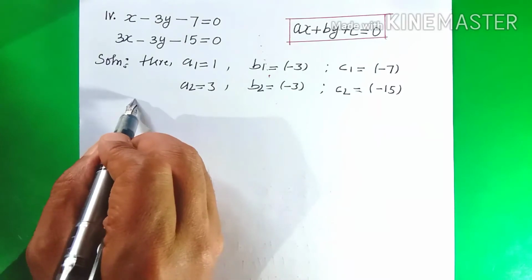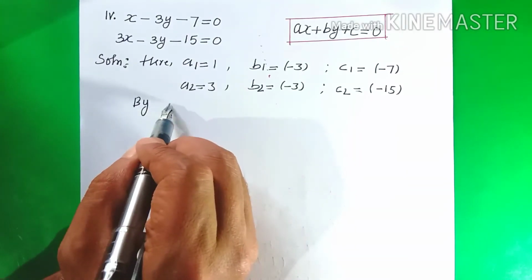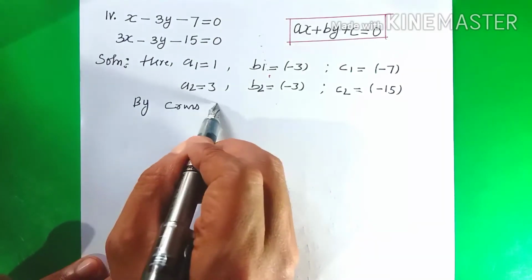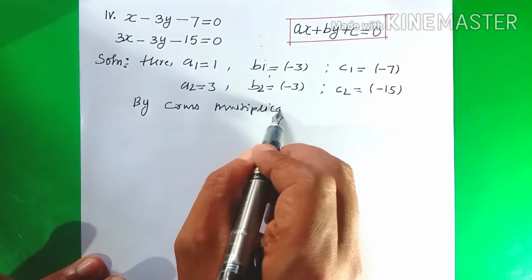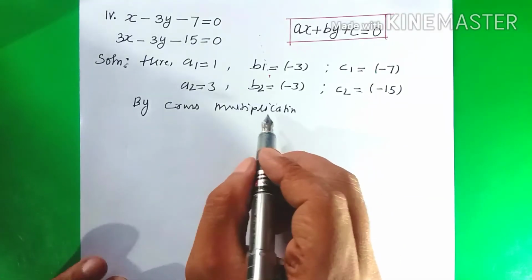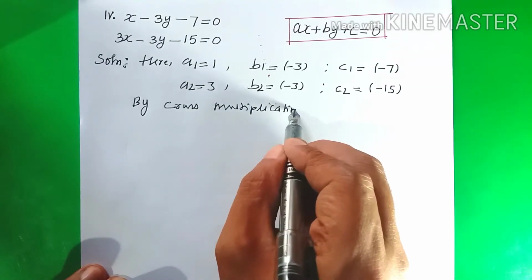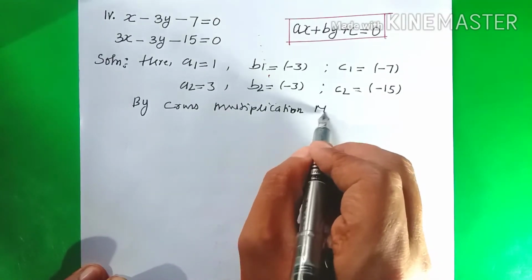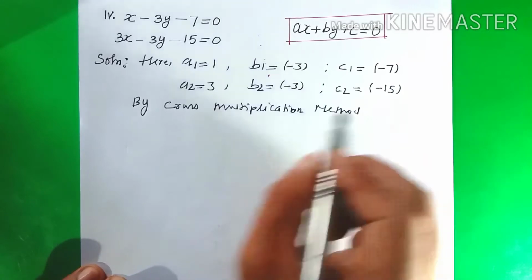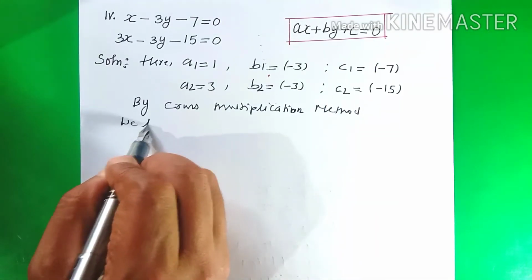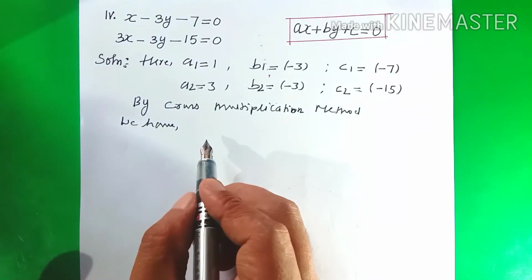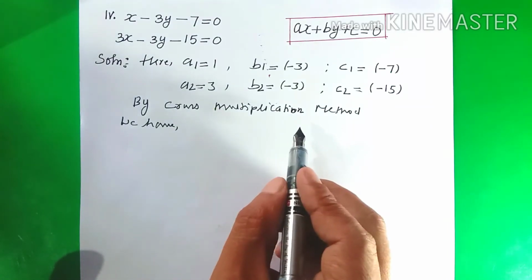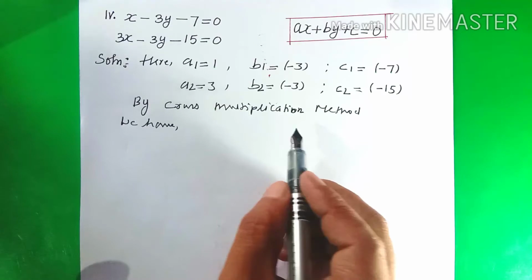Now by the cross multiplication method, you will have to try to recall the pattern for this method, and the pattern is very simple, like I said before.